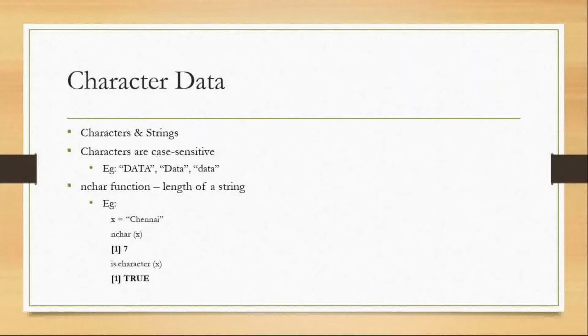As all of us know, characters are case sensitive. What do we mean by case sensitive? Uppercase and lowercase. In the example shown on the screen, you can see that all three cases have the same word data, but they are not the same, because in the first case, all of the letters of the word data are in caps.